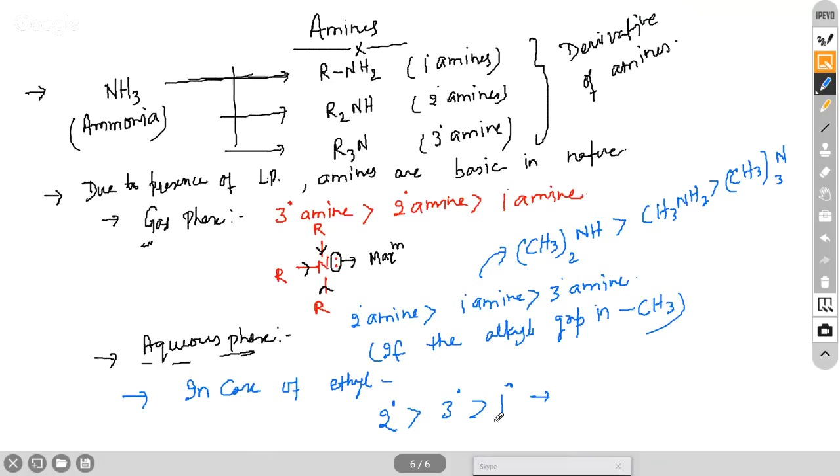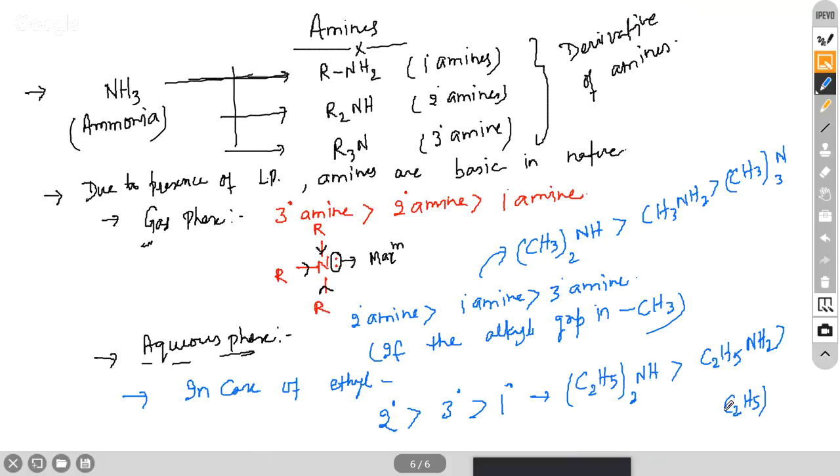In case of ethyl, the order is (C2H5)2NH, then C2H5NH2, and then (C2H5)3N. Sorry, it is thrice, not 231. This is the order we have.